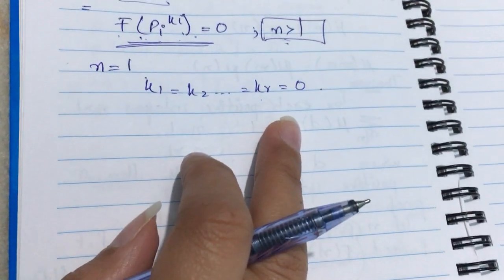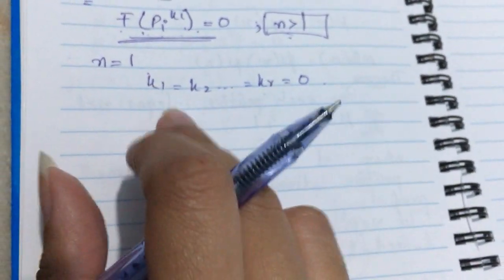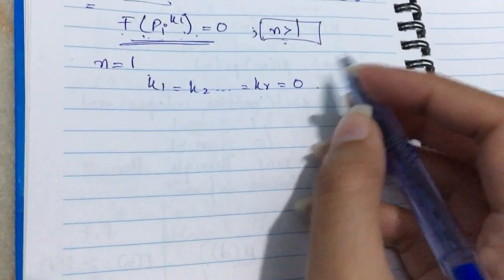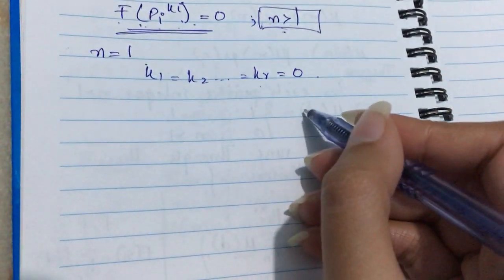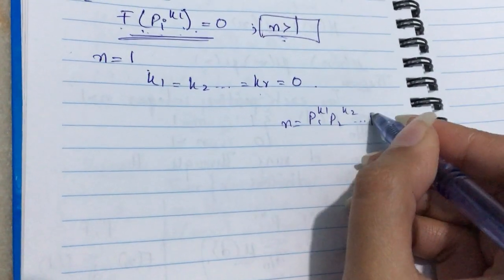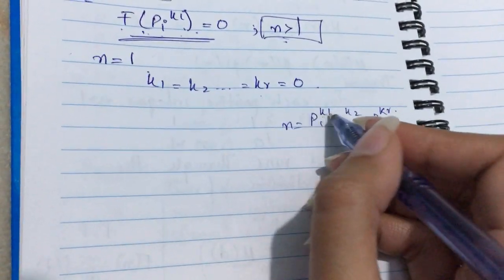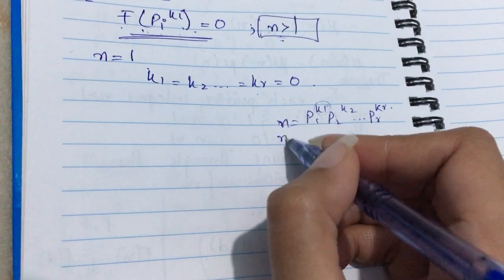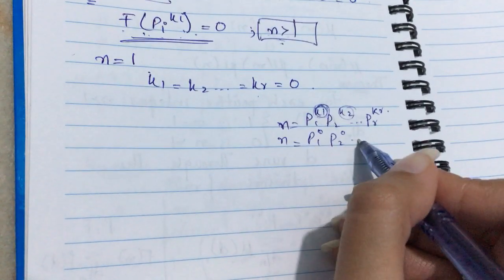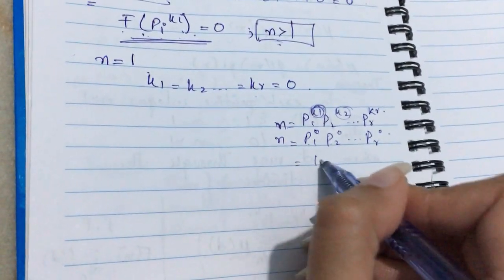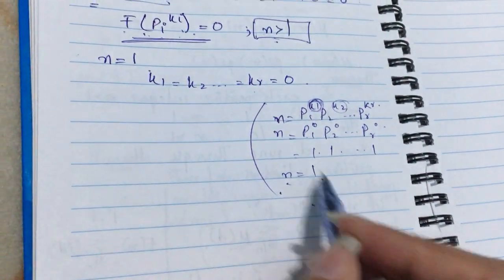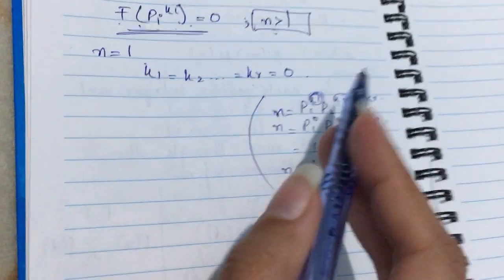Because n is basically p1 k1 p2 k2 up to pr kr, n equals 1 is possible only when these powers are 0, so that 1 times 1 up to 1 means n equals 1. So when n equals 1, we have all these powers equal to 0.